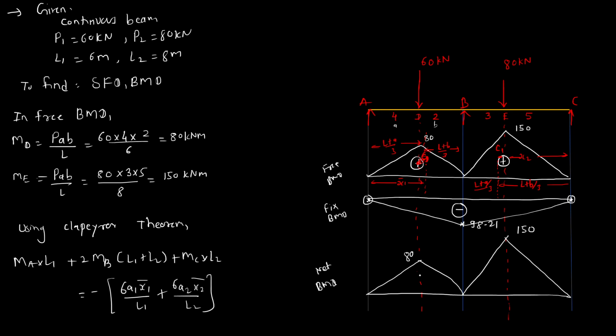This is 150. And this is 98.21. So this is positive and these are all negative. F and G are points of contraflexure.